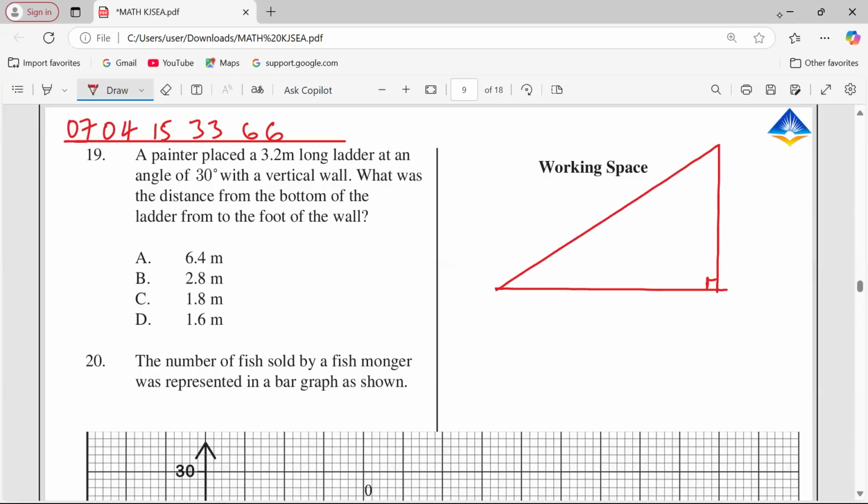We are told that the ladder is 3.2 meters. Then it is placed at an angle of 30 with a vertical wall. So angle of 30 with a vertical wall means 30 is at this point. What was the distance from the bottom of the ladder to the foot of the wall?